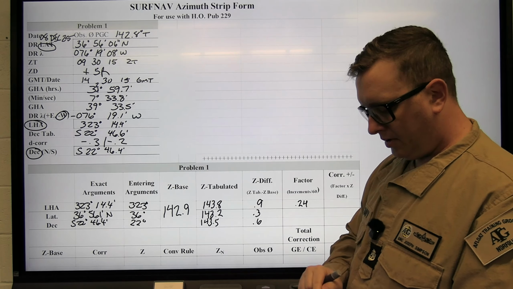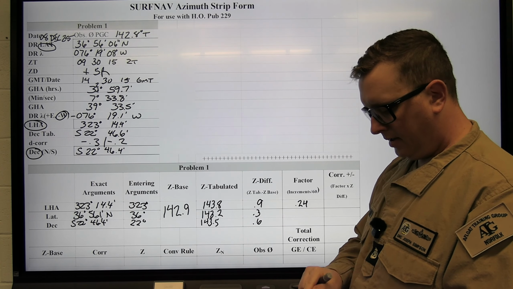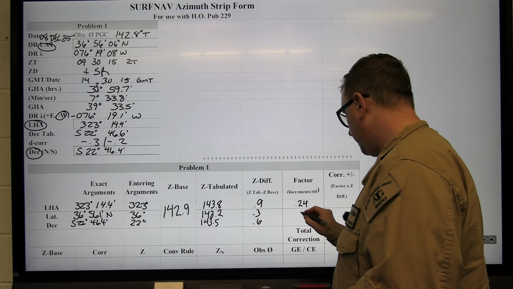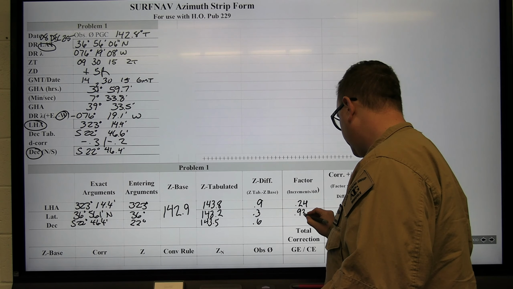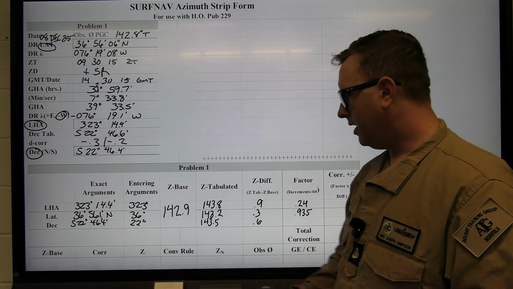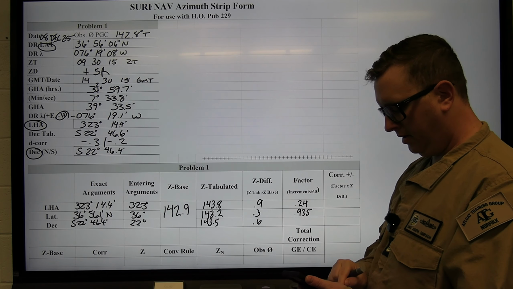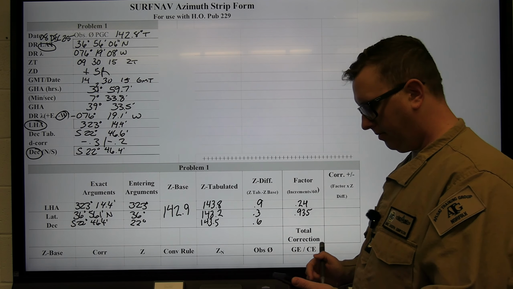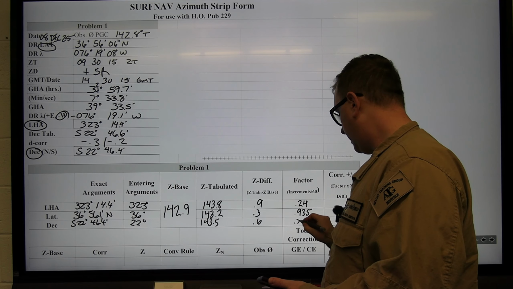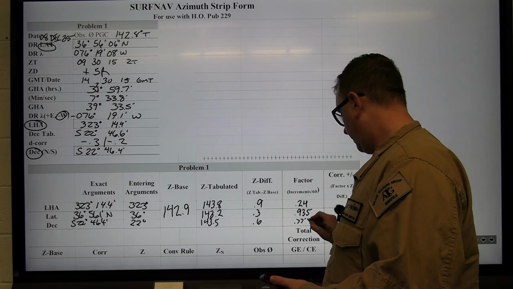Now 56.1 divided by 60, 0.935. And now 46.4 divided by 60, 0.773.